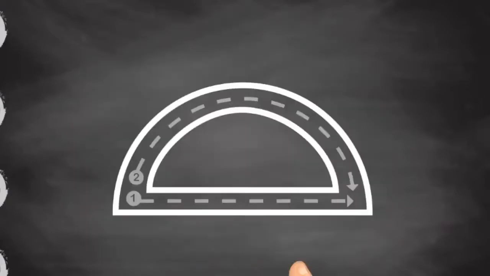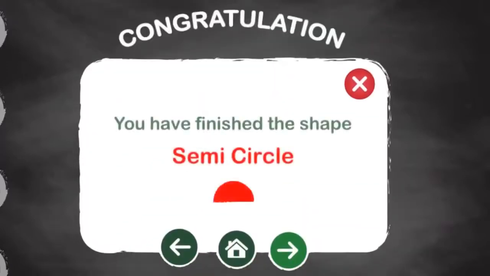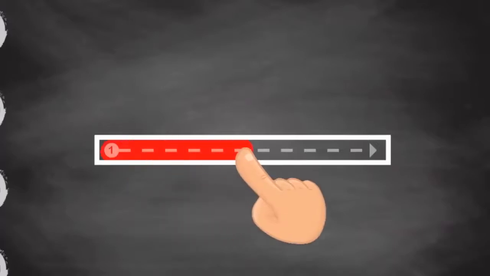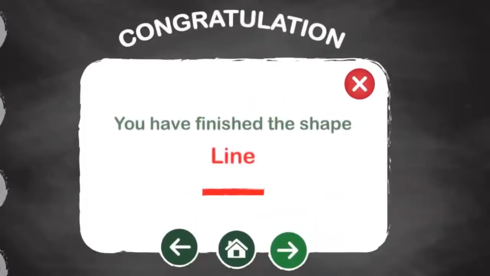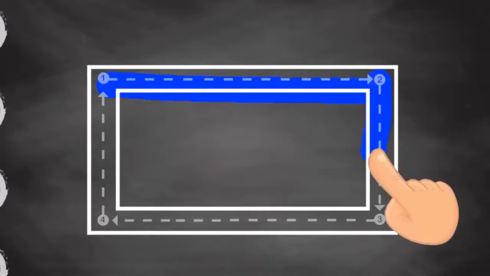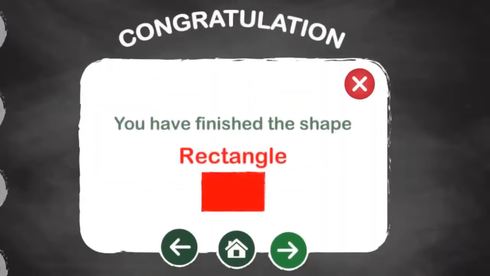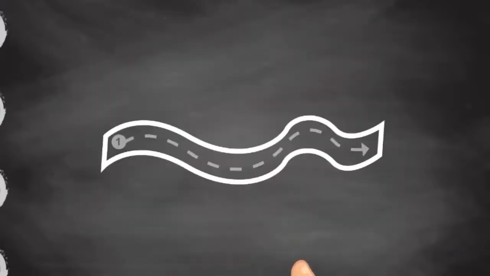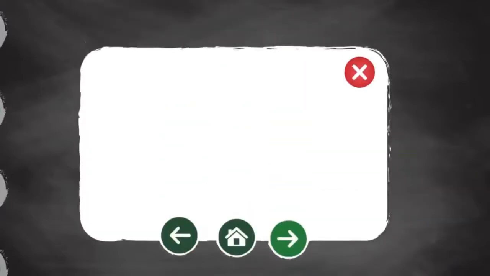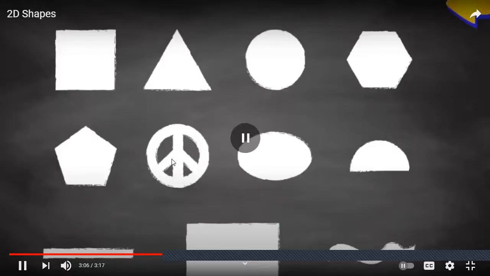That's an oval. That's easy too. It's like a D upside down. That's a semicircle. That's a one stroke. A line. This one has 4 sides, but it's not a square. What is it? It's a rectangle. Oh, that's interesting. A curved line. It's a zigzag. So these are the shapes we learned today.